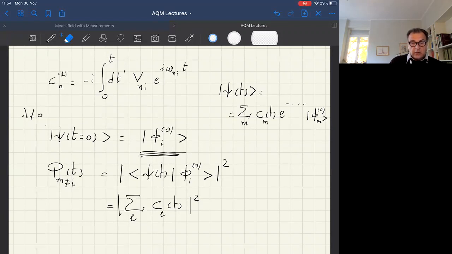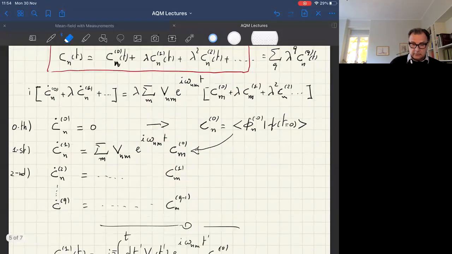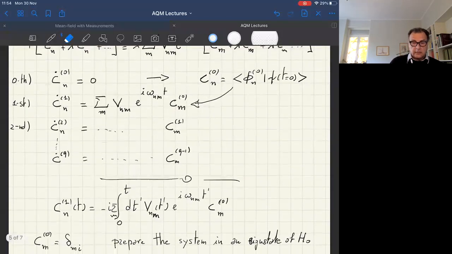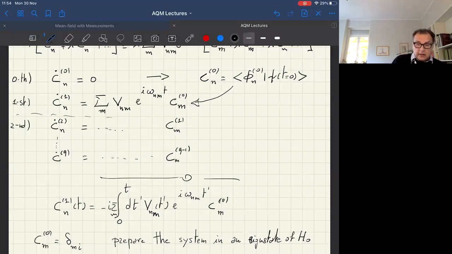At first order in perturbation theory, I have to determine the first order correction. So I should stop in solving the time dependent perturbation theory at this order here.